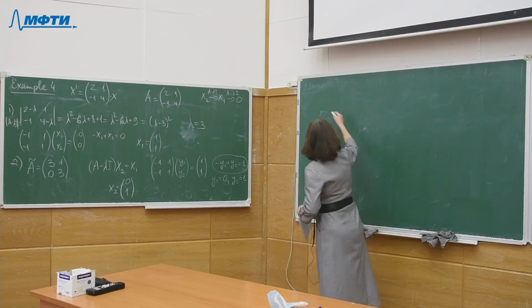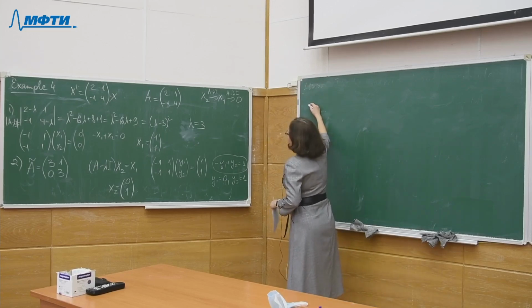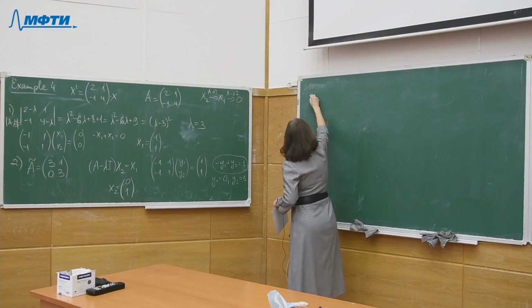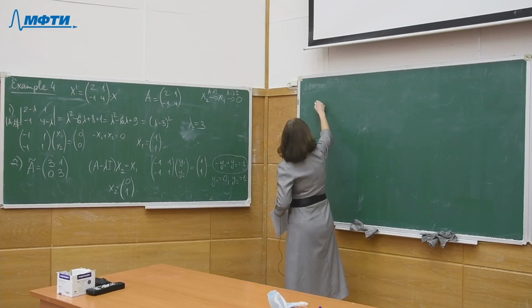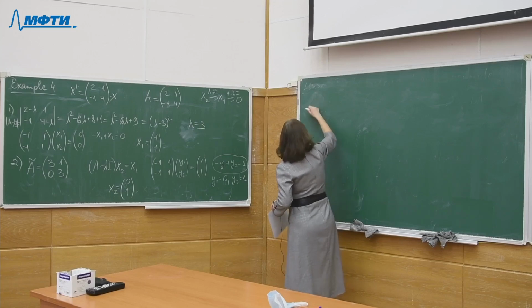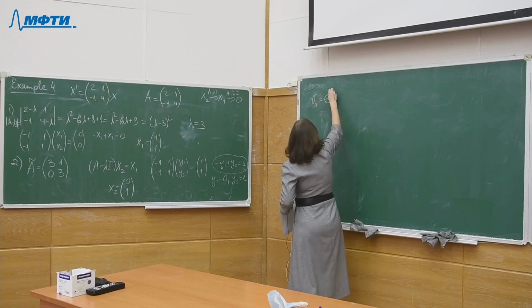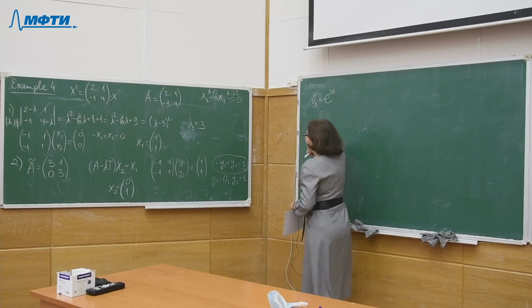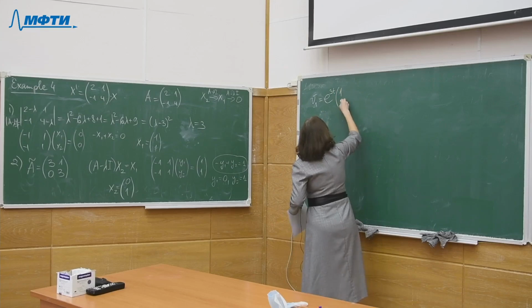Okay, so the solution will be, so the first solution is given by the following vectors. Let it be v1. v1 will be e to the power 3t times the vector 1, 1.